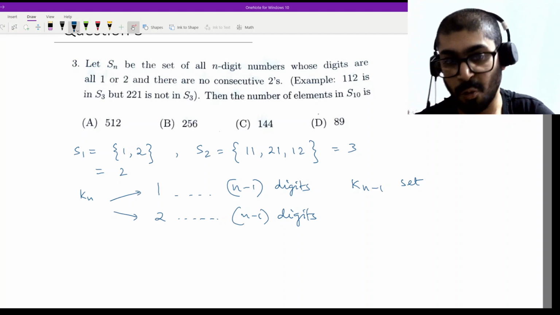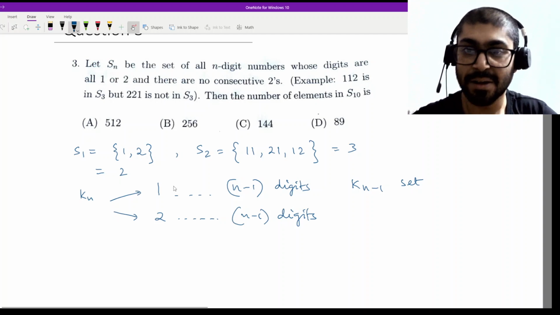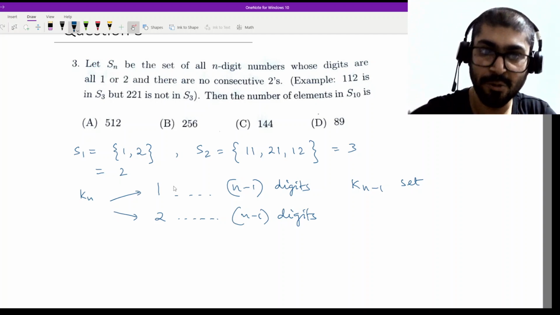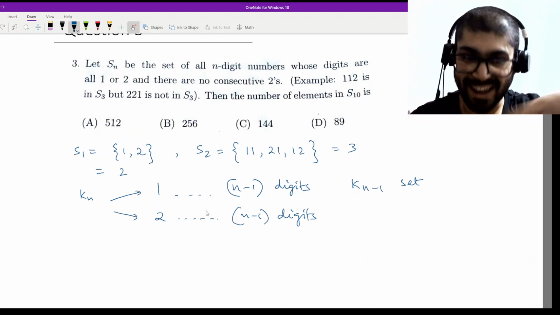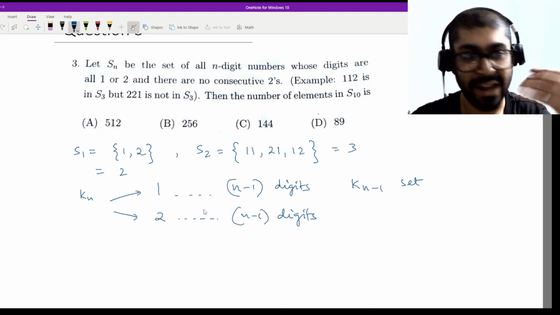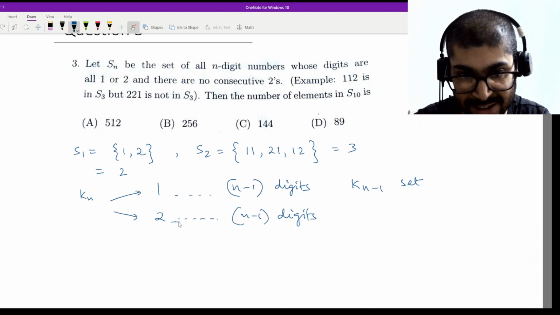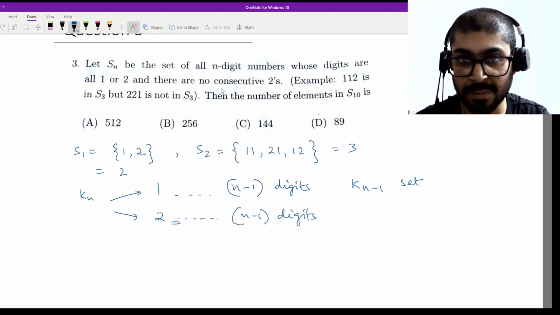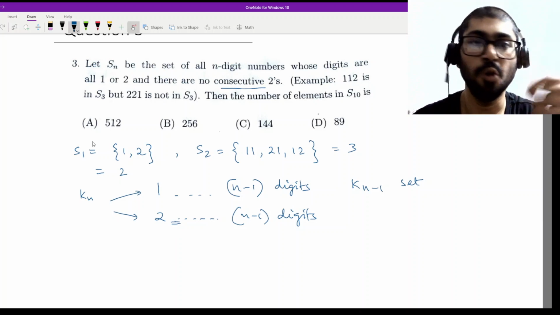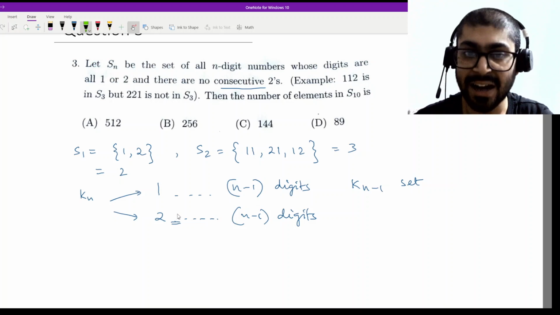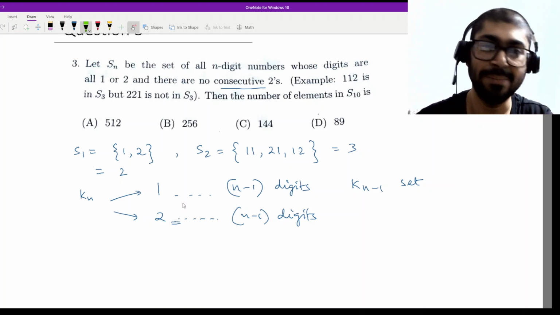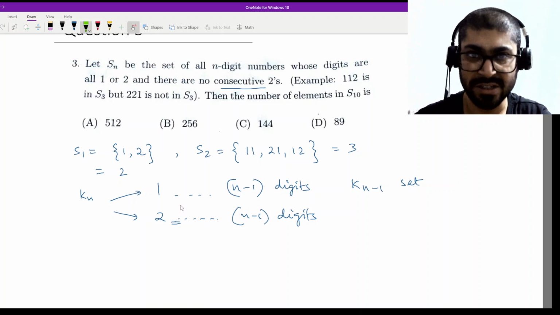Now we move on to the second option, Kn that begins with 2. If Kn begins with 2, then we have an immediate restriction: we cannot place another 2 because of the rule of no consecutive 2's. So here I have only one option, and even if I multiply by 1, the total number of arrangements remains the same.